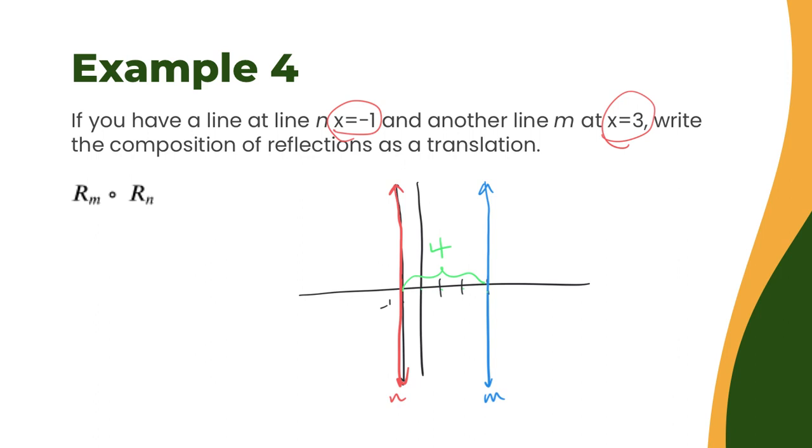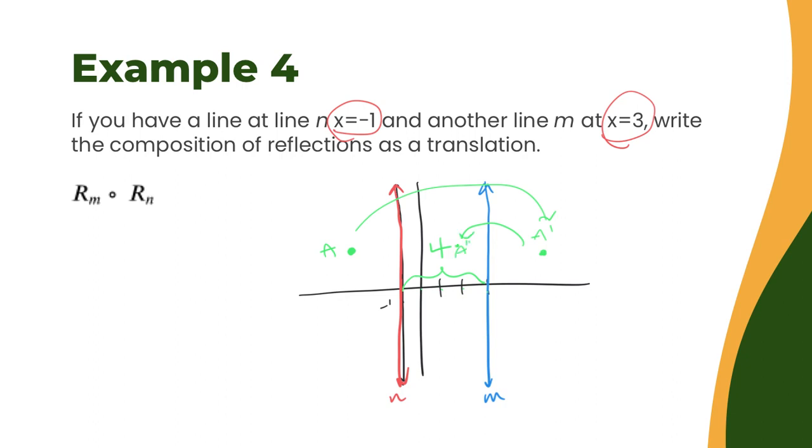That means if I were to take any point or object and reflect it, so if I have some point here, A, and I'm going to reflect it twice, here would be A prime, and I'm going to reflect it back one more time, and this will be A double prime.